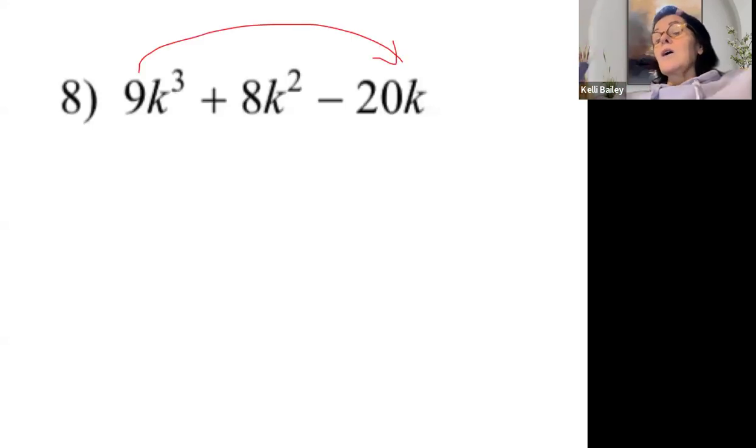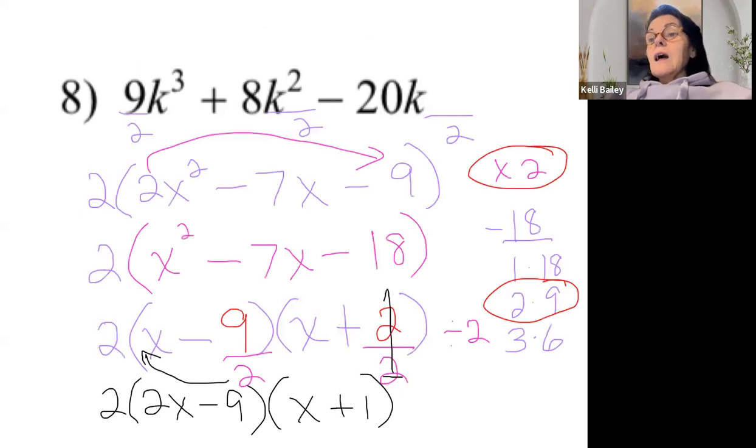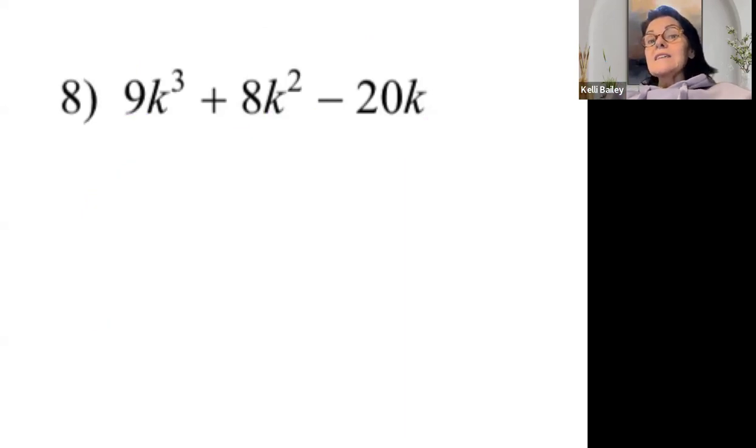Oh, whoa, whoa, Miss Kelly, you almost messed up. Let's back it up. I did not notice. This is a cube. So remember I told you always look for the GCF first, and I was only looking at coefficients. I want k squared right there, don't I? But guess what?